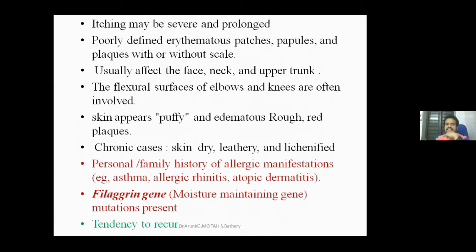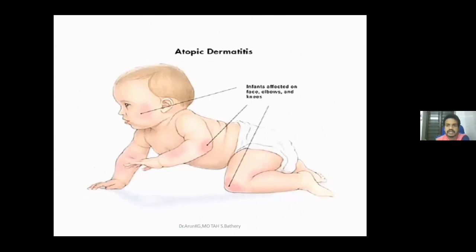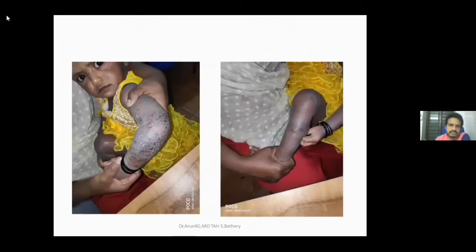The filaggrin gene, the gene responsible for moisture maintenance, will be mutated. In infants, their lesion will be somewhat different. Their extensor aspect will be involved, flexors will not be. Here we can see extensor aspect and the facial involvement is much more.